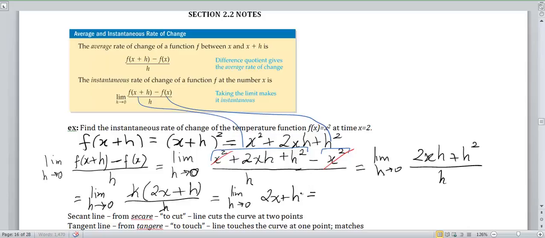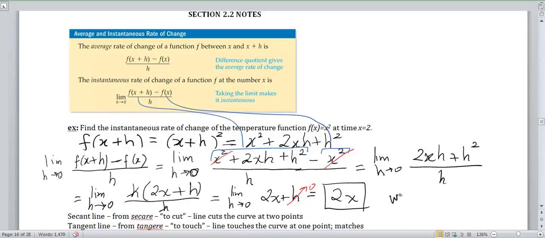Okay. And now you can plug in h equals 0, that's what the limit as h goes to 0 means, so you're left with 2x. That is your final answer. So the instantaneous rate of change of the temperature function x squared at time x equals 2. Now we have to plug in x equals 2. This is for all x.